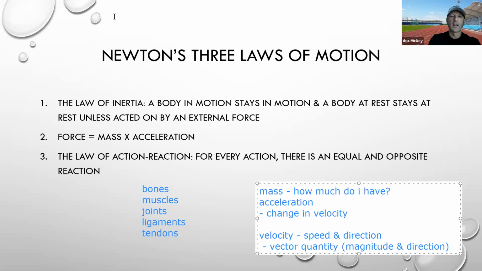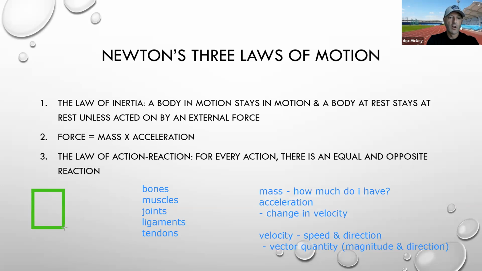velocity, when we're looking at acceleration, if I have a body, and let's just say I have an athlete running, and we'll just put them right here. We'll just use a box. That's the beautiful thing about physics, is that you can just draw a box and call it what you want.